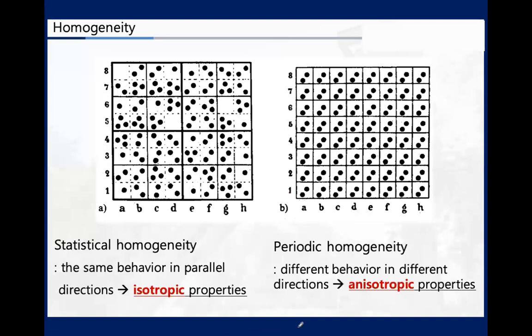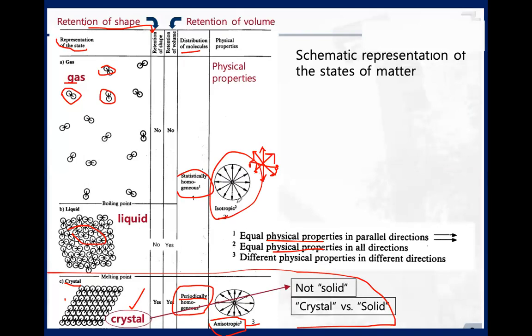Okay, right. So this homogeneity again, if we show that in a diagram, you can see some different types of homogeneity. We already discussed whether they are periodic or statistical.